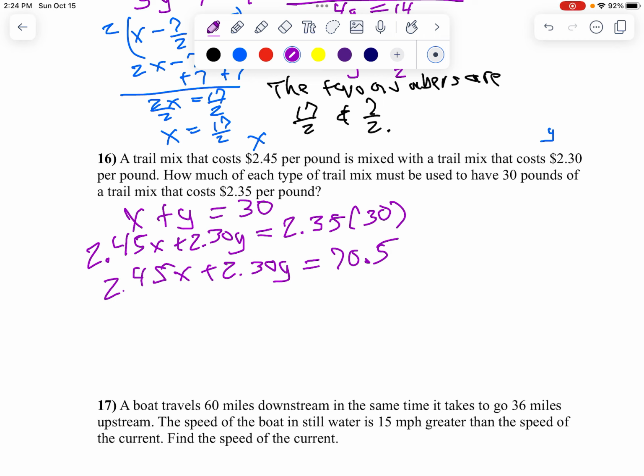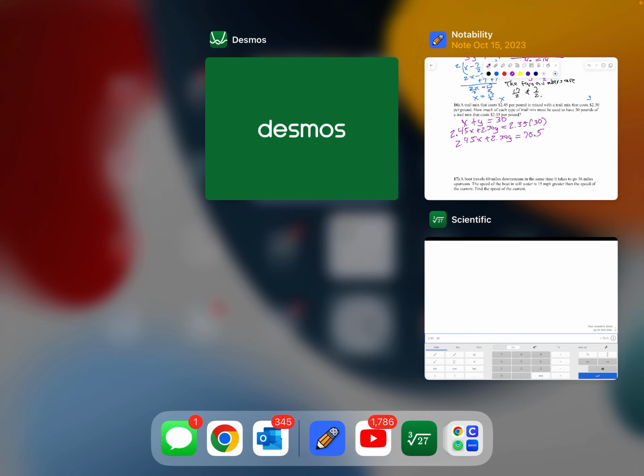Now, let's graph those two equations because my trail mix, I doubt, will be a big, long decimal. Even if it is, we're not going to measure it that accurately, so we could round it. So we're going to graph x plus y equals 30 on our graphing calculator.